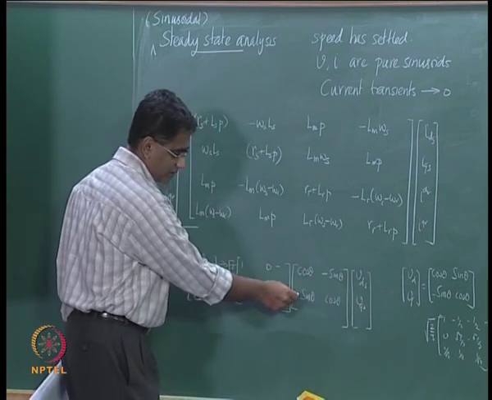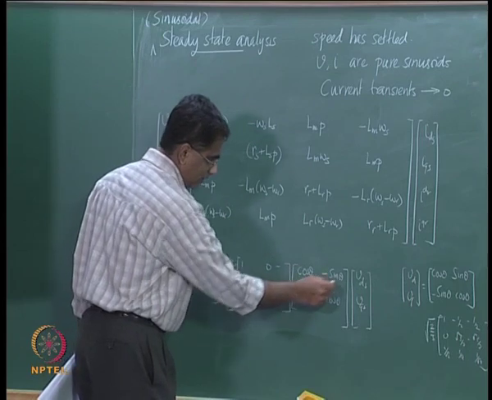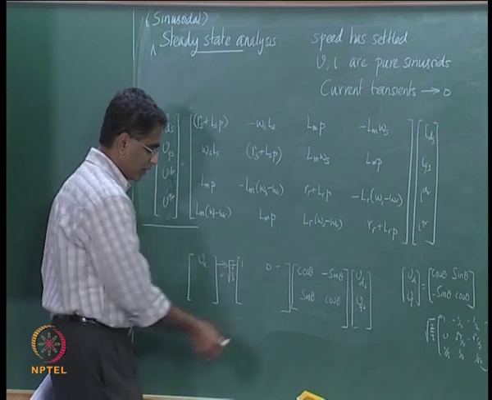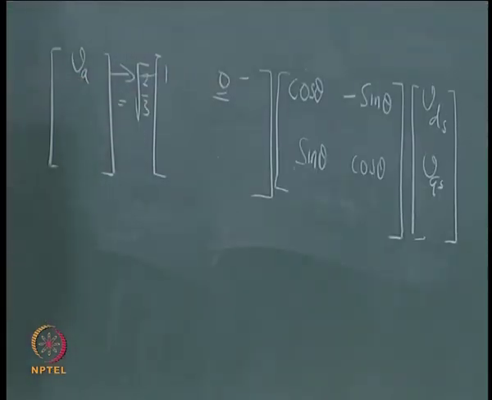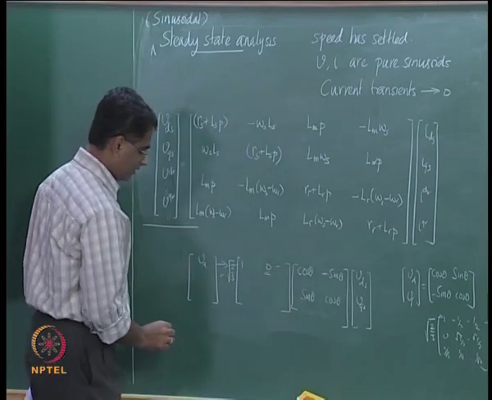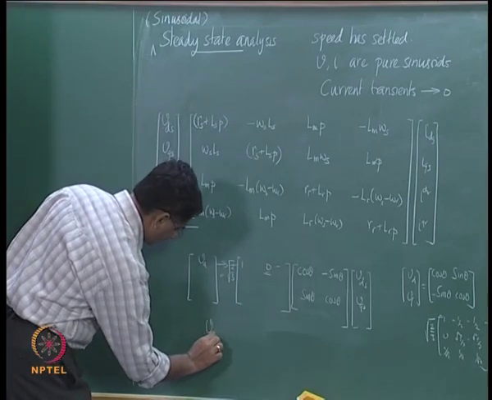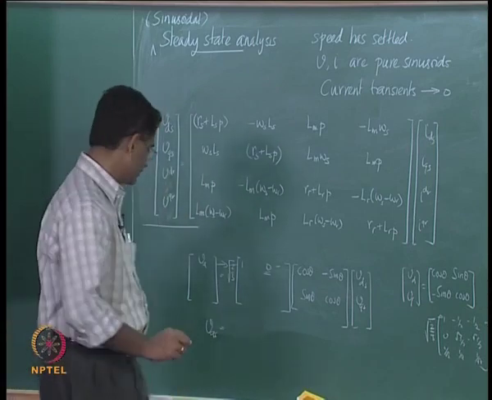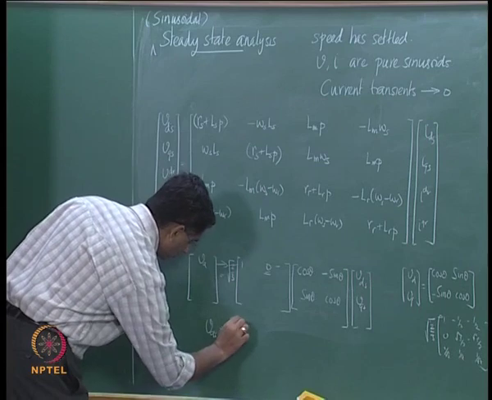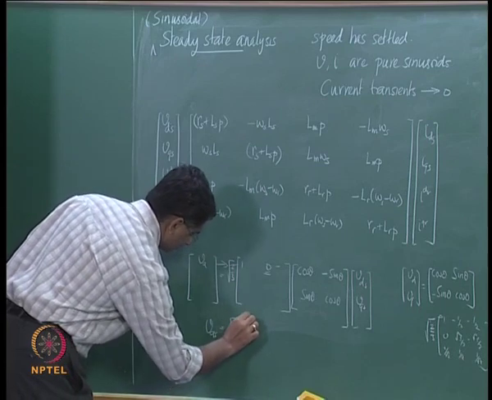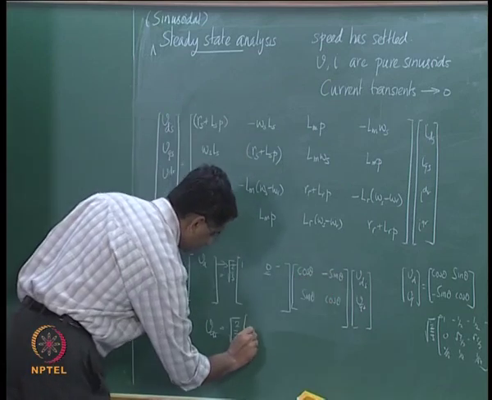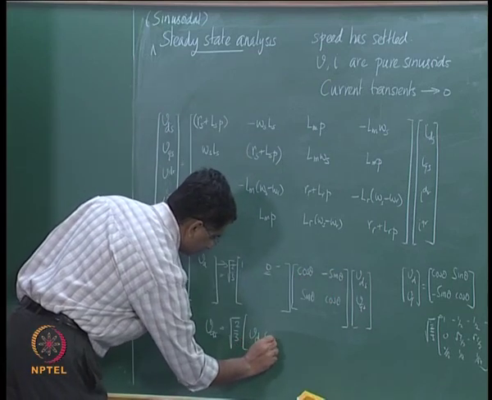The second term that is going to come here, which is VDS into sin theta plus VQS into cos theta, is not important because that is going to multiply 0, and therefore what we can say is that VAS, the stator A phase voltage, is nothing but root of 2 by 3 times VDS cos theta minus VQS sin theta.